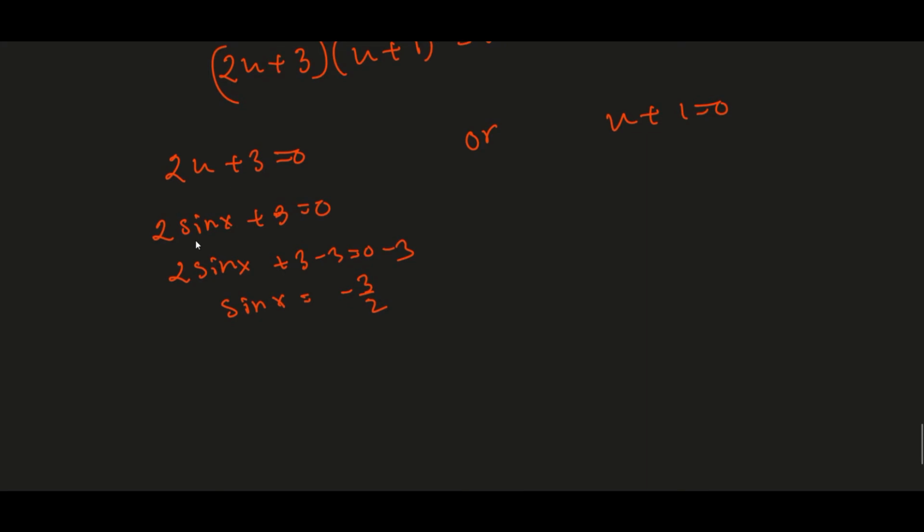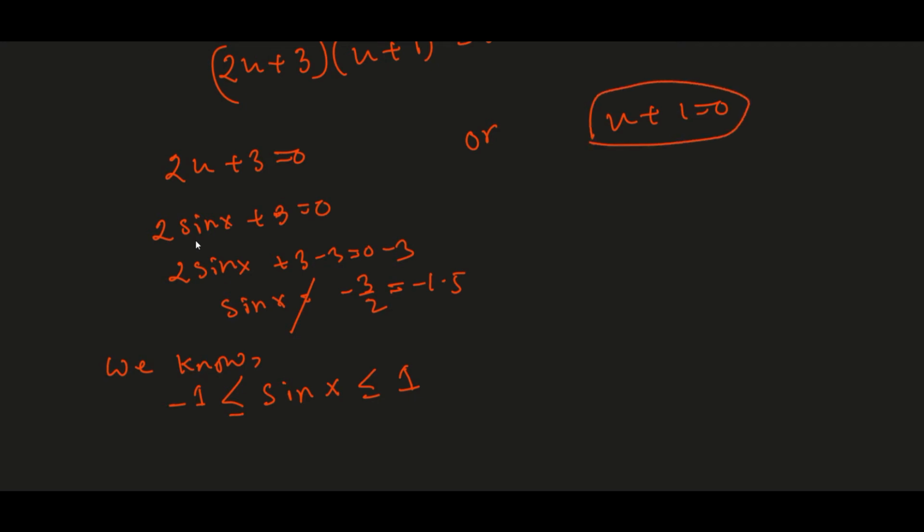Now this value is actually negative 1.5, and we know that for all real numbers x, sine x is bounded between negative 1 and positive 1. So sine x cannot be equal to negative 1.5. So this expression cannot be accepted. We'll be taking care of the other part only.